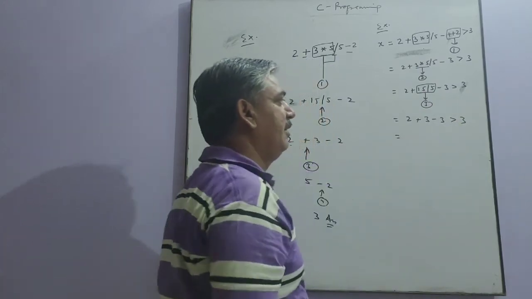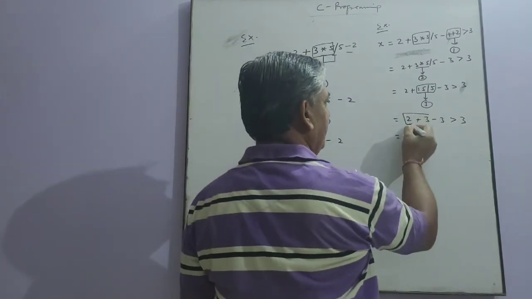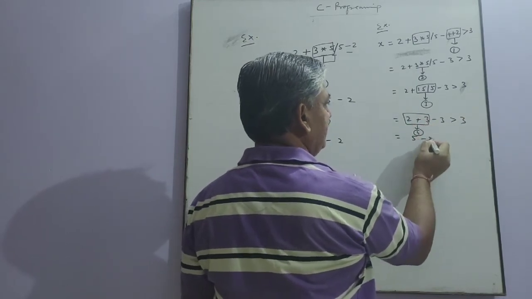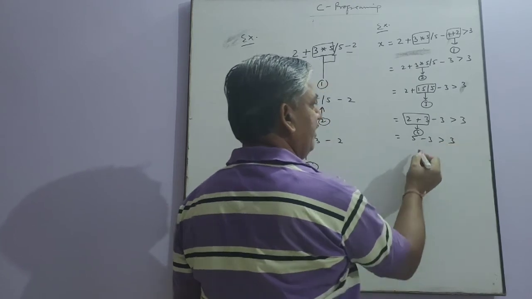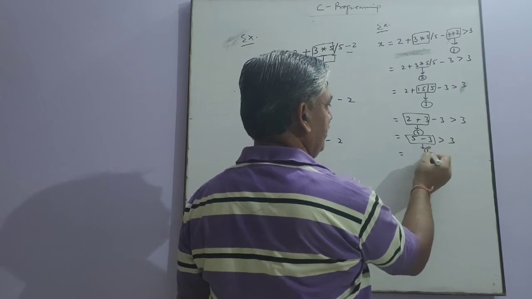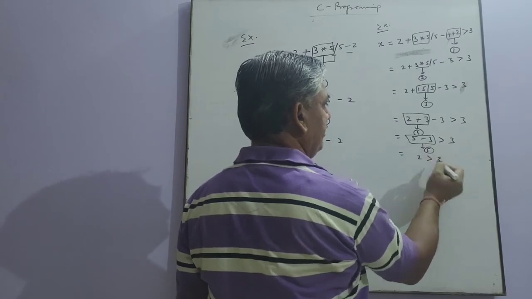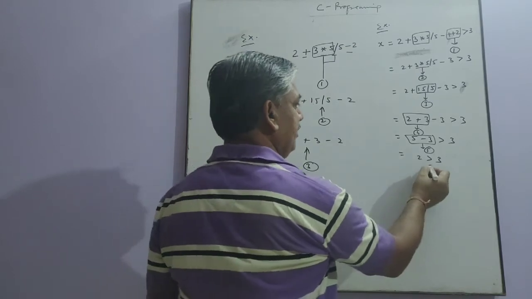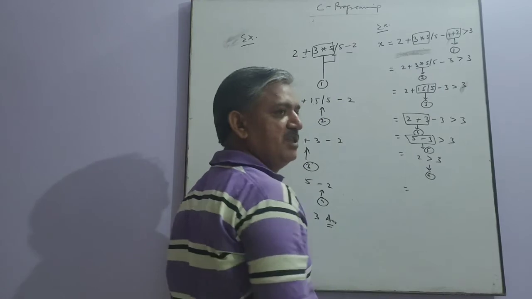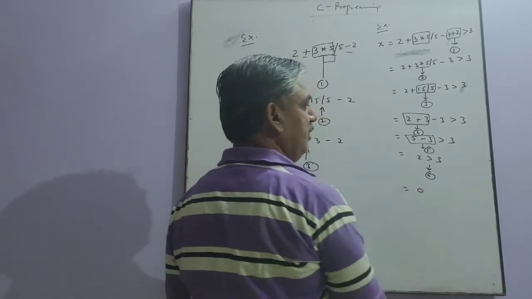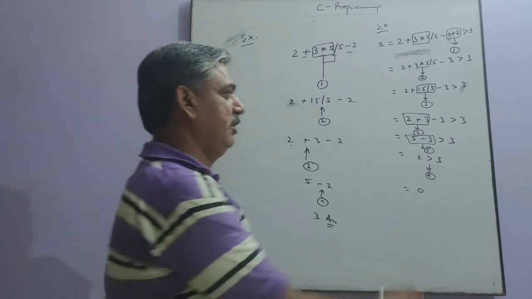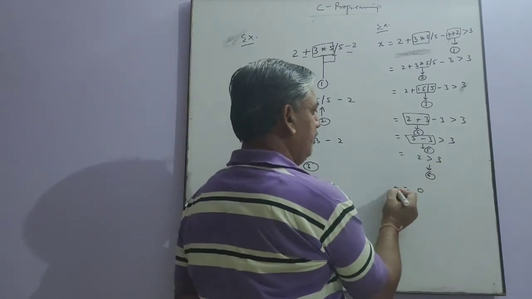Then this one: 3 + 2 is 5, minus 3 > 3. Then this one: 2 > 3. Now this one, 2 > 3, this is false. False means 0. Relational operators give true and false values. So 2 > 3 is false, we will have 0.